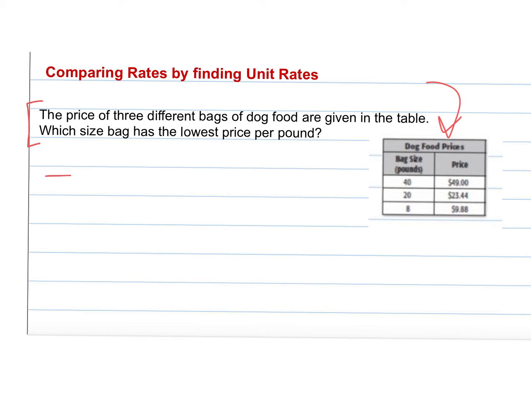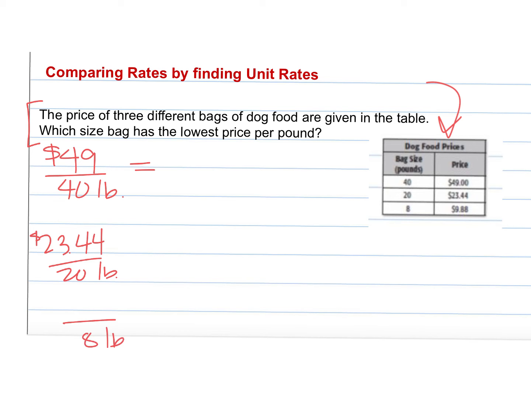So for the 40-pound bag, it is $49. For the 20-pound bag, it is $23.44. And for the 8-pound bag, it is $9.88. So what we're going to do is we're going to divide.